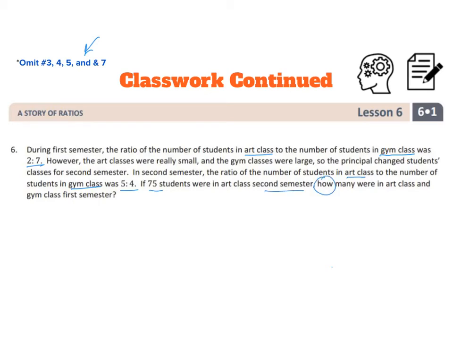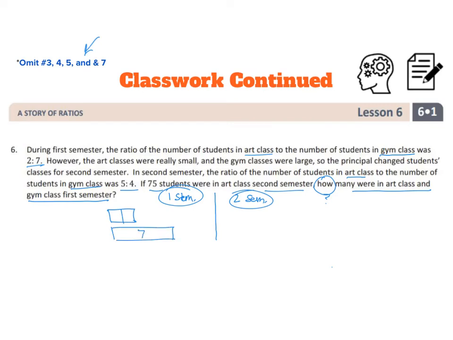Here's our question. That's how many were in art class and gym class first semester. Okay, so I'm going to just do some drawing here. This is first, I should just, first semester and then second semester. Those are the two that I'm looking at. And then this was 2 to 7. I'm just going to do a 7 in here.